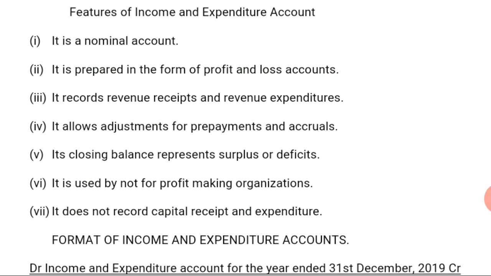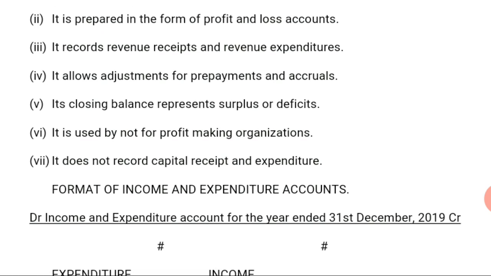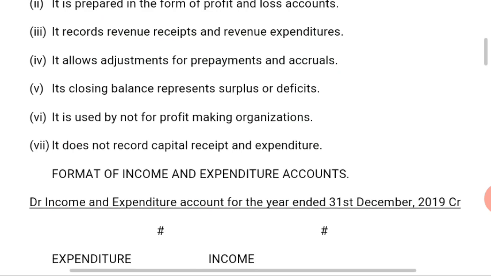It allows adjustment for prepayments and accruals. In the income and expenditure account, there is room for adjustment for prepayments and accruals. Its closing balance represents surplus or deficit. That is, the balance that we are going to derive from preparing an income and expenditure account is either surplus or deficit.